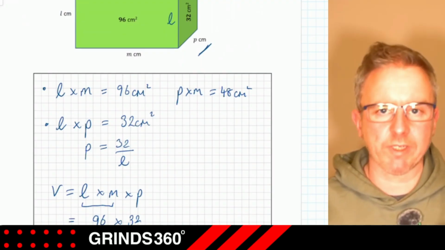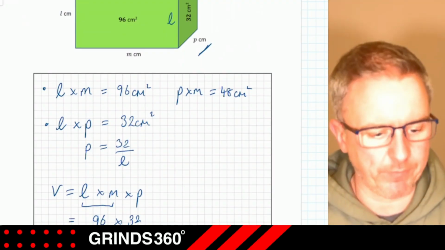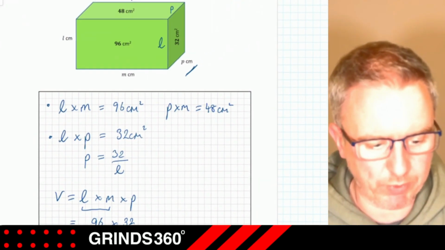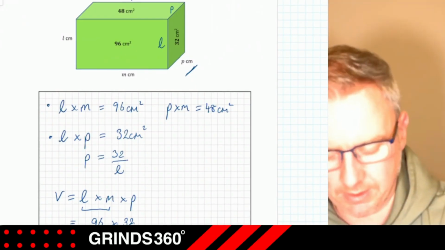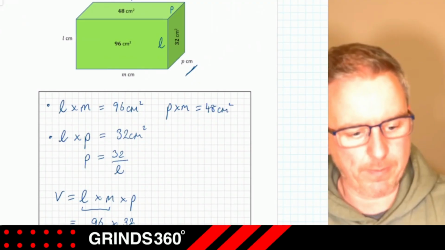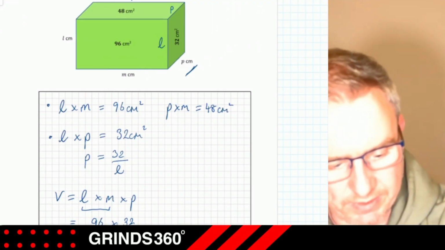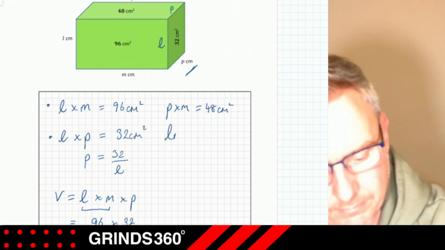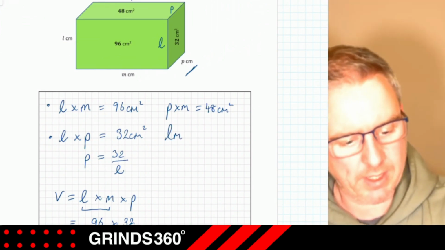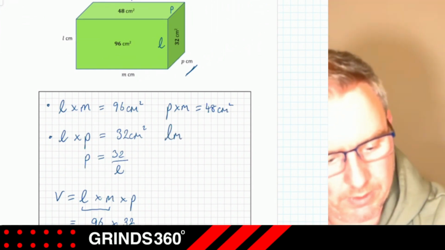But I want to show you one little trick, what you could have done here. So if a question came up like this again, they started off and they showed you this and they said L, M, because they gave you this area. So they've said LM, and then they gave us PM, so the top.